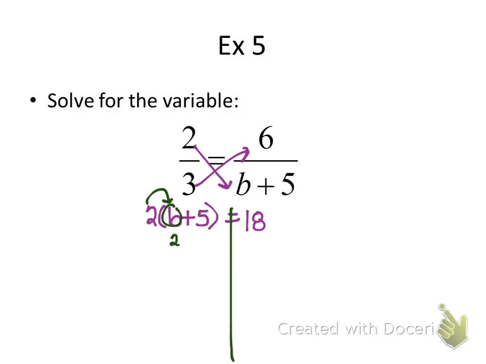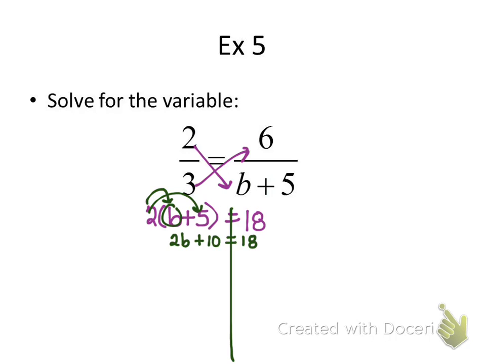Then I'm going to take 2 times positive 5 and get, what's 2 times 5? 10. Because remember, the number on the outside of parentheses, I'm going to multiply it by everything on the inside. So basically, all I'm doing is taking 2 times b, then 2 times 5. Then what's 3 times 6? We already did that, 18, so I'm just going to bring my 18 down.